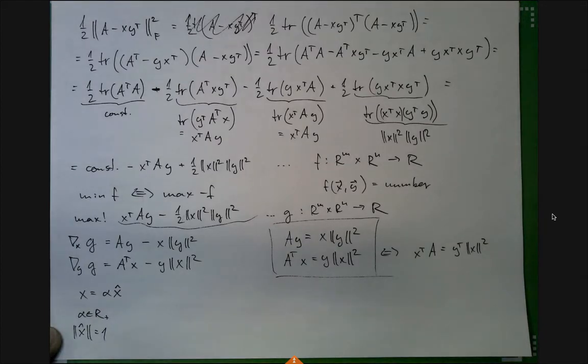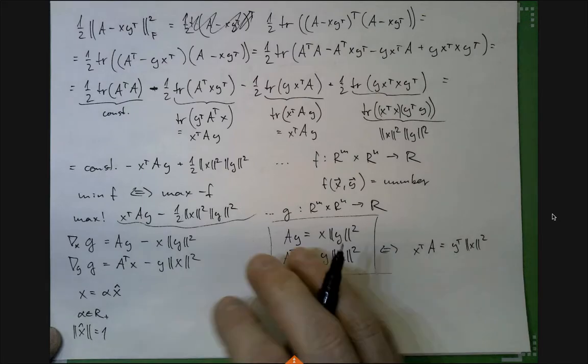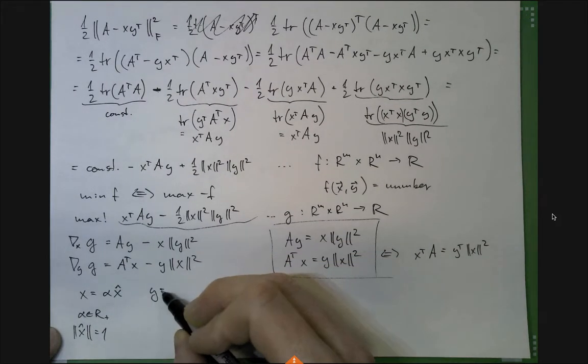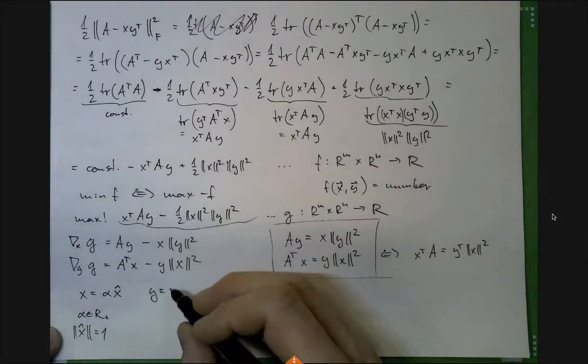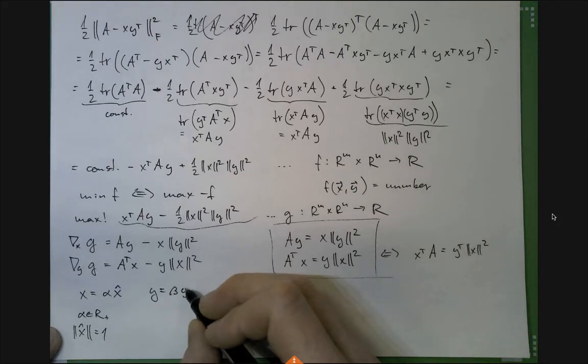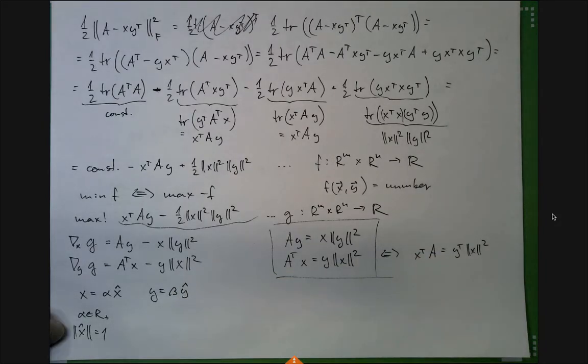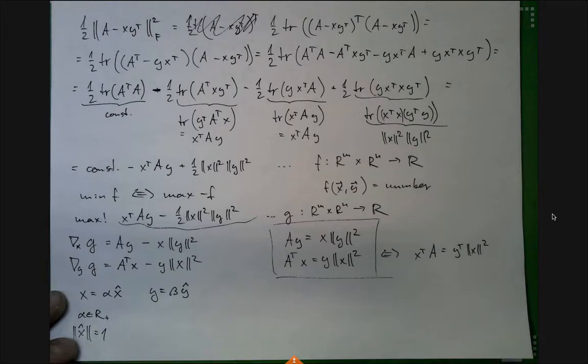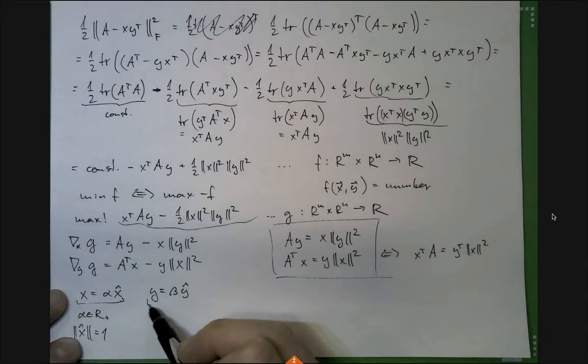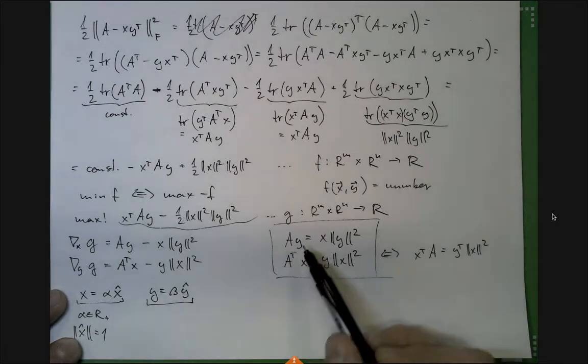Turns out that this will actually help us here. I can do the same thing to y: I can write y as beta times the normalized version of y, y hat. So this is the substitution I'm going to use. Let's substitute it in there.